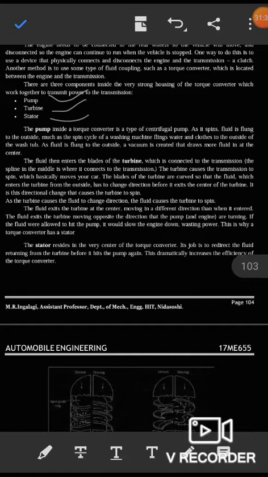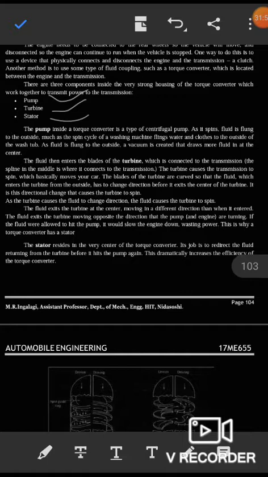The blades of the turbine are curved so that the fluid which enters the turbine from outside has to change direction before it exits the center of the turbine. It is this directional change that causes the turbine to spin.